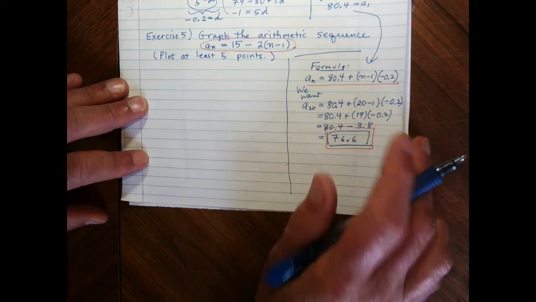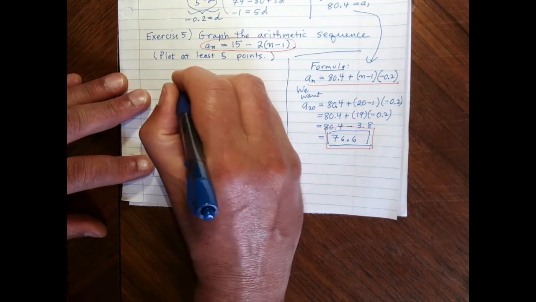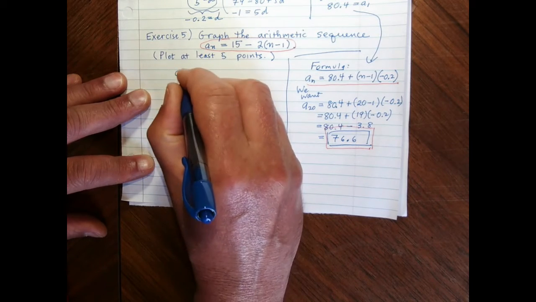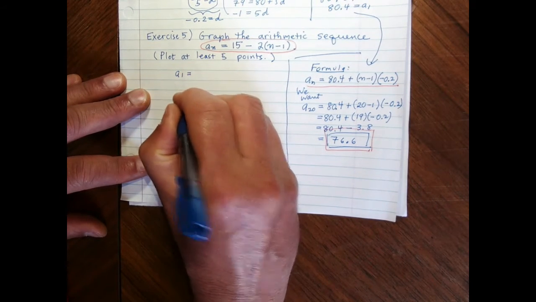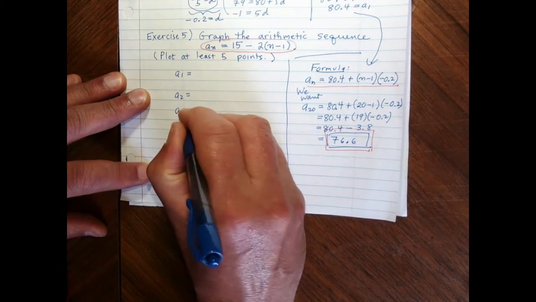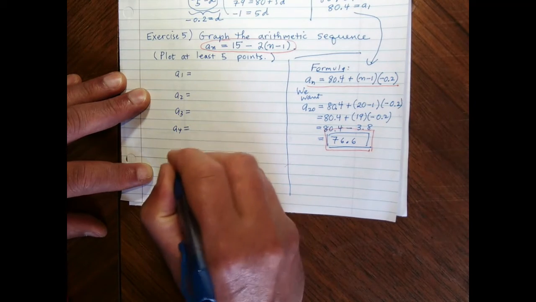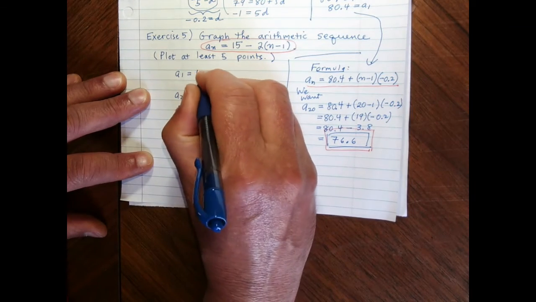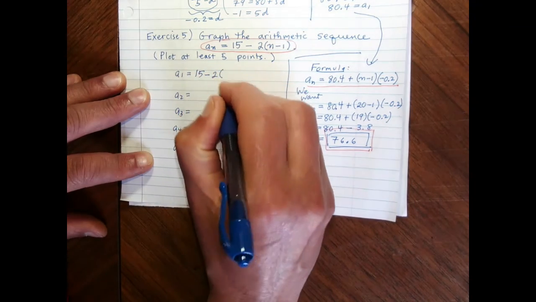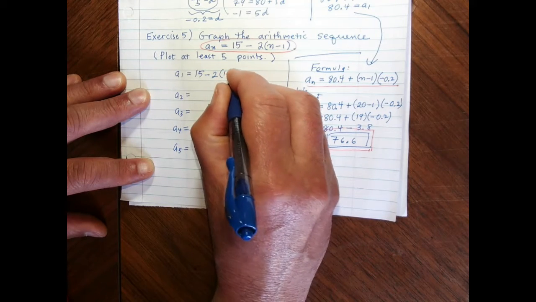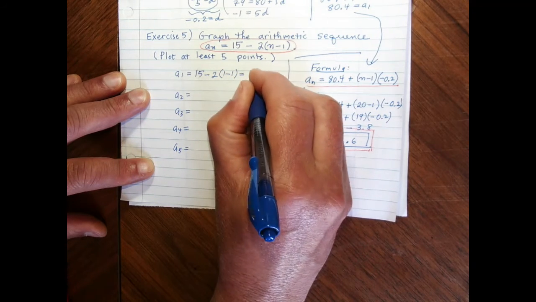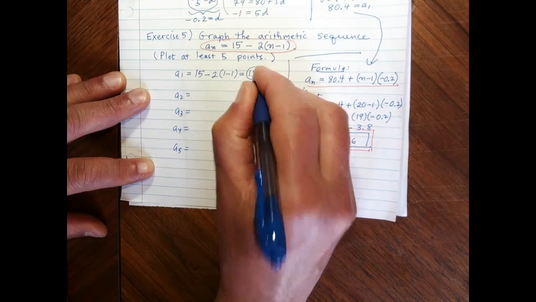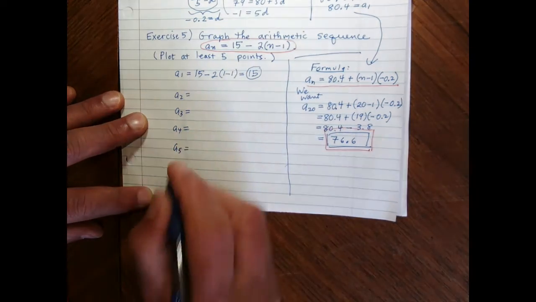And so what we need here is some values to plot, and I'm going to figure out a sub 1, a sub 2, a sub 3, a sub 4, and a sub 5. And let's see, a sub 1 is 15 minus 2 times 1 minus 1, which is 2 times 0. That's 15. Of course, 15 is the a sub 1 value from the formula.